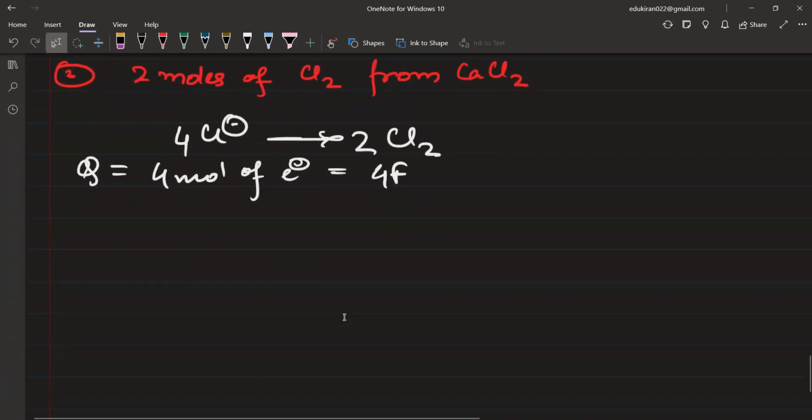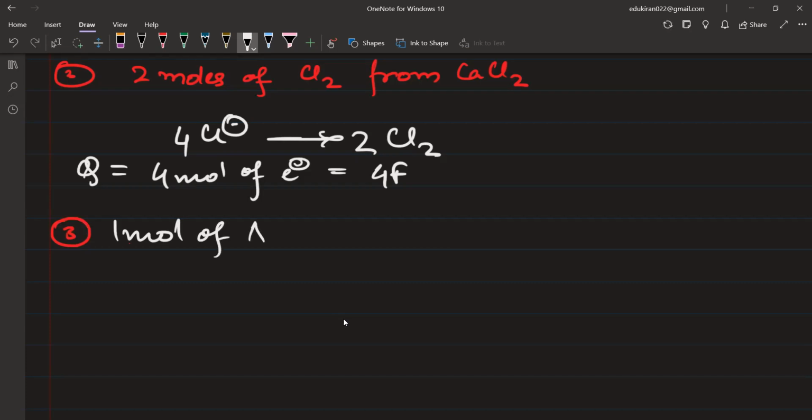Okay. Now write the next one. If you need 1 mole of Al3 plus, I have to convert 1 mole of Al3 plus to aluminium solid.